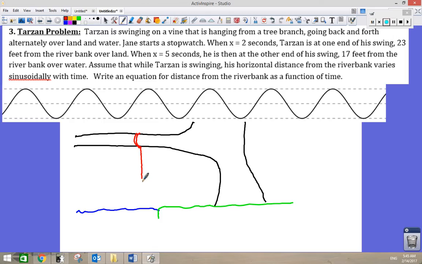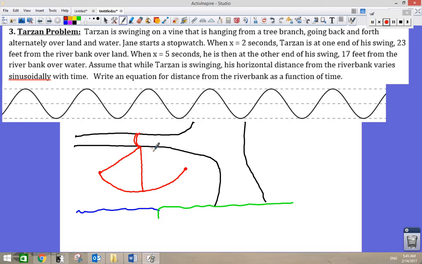So this is here, and this swings back and forth. So it swings, and this swings.